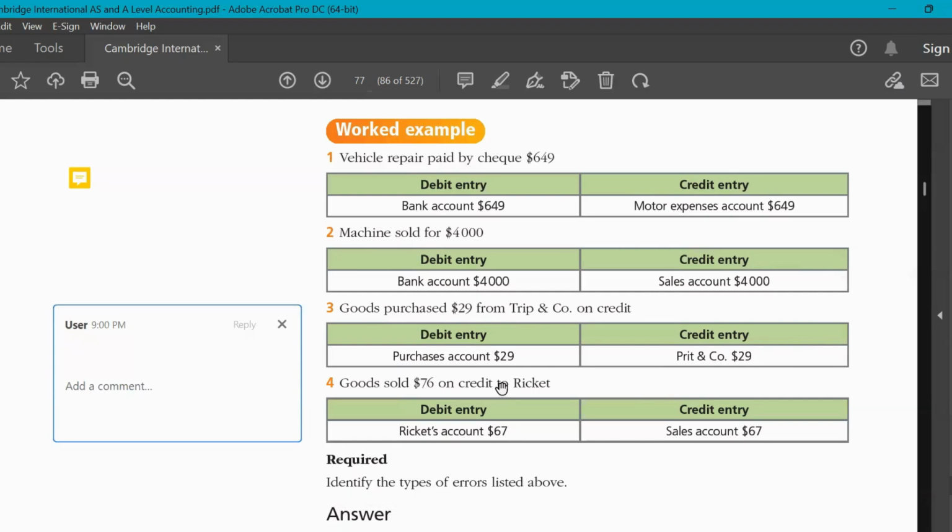The correct entry is the debit should be purchases of 29, and the credit should be Trip and Corporation on credit.